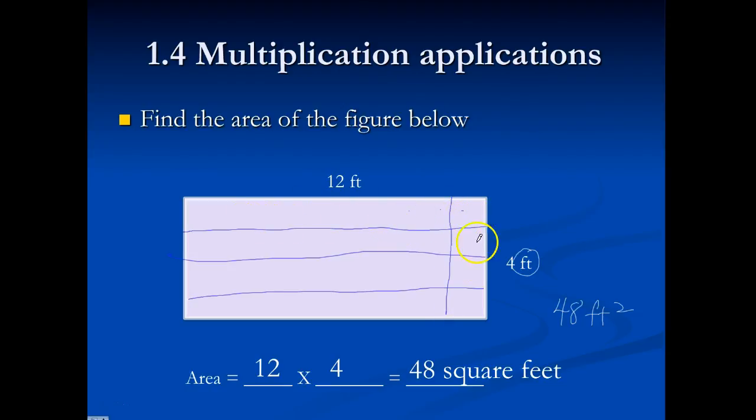Let's say that made up 12. That would be 1, 2, 3, 4 there, and then 12 this way. That would be 48 squares that would make up that entire shape there. So that's why we label it square feet.